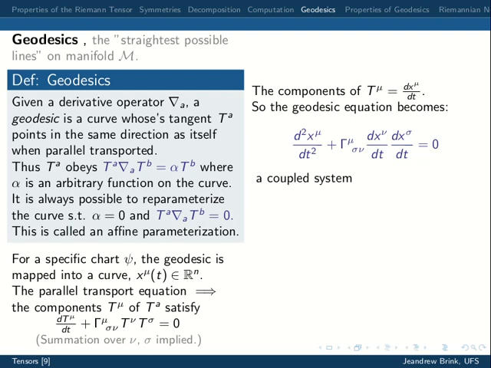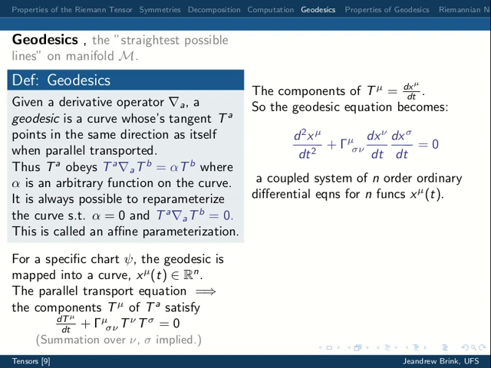Okay. So what this thing is, it's basically a coupled system of n ordinary differential equations for the n coordinate functions. So in some sense, the geodesics are very elegantly defined if you know what parallel transport is. It literally is taking the curve, keeping it as straight as possible, and parallel transporting it along itself.